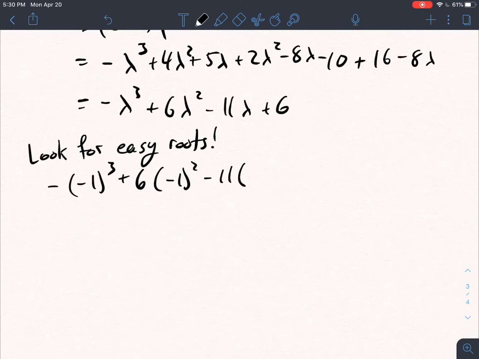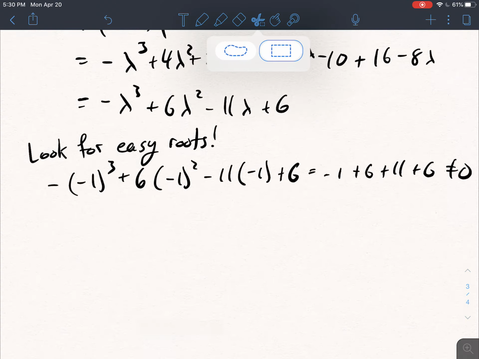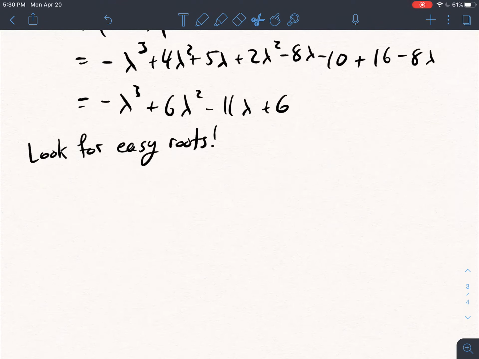So if I were to plug in negative 1 into this, plus 6 times negative 1 squared plus negative 11 times negative 1 plus 6, I want to know whether or not this is equal to 0. In this case, I would get negative 1 plus 6 plus 11 plus 6. So this is not 0, so negative 1 is not going to be a root. So let's just get rid of that.